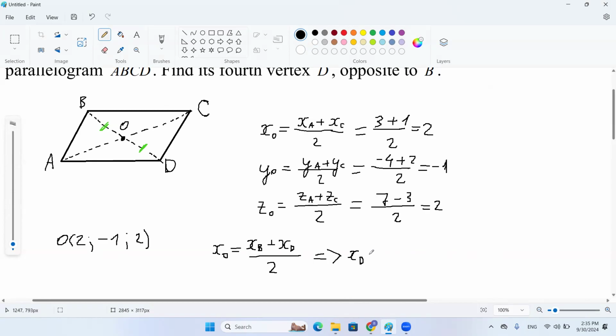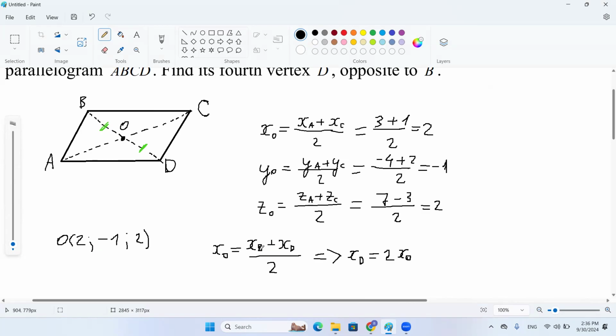Yeah, Maxim, go on. I think it will be 9 minus 5 and 4. Okay, firstly, let's write the formula and then calculate. So the formula. We need to multiply XO, so both sides of the equation.